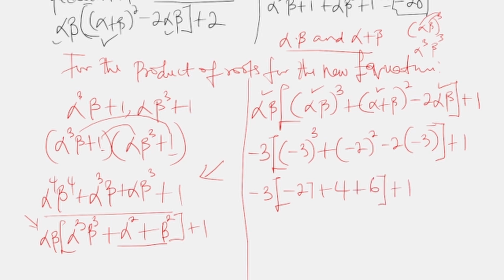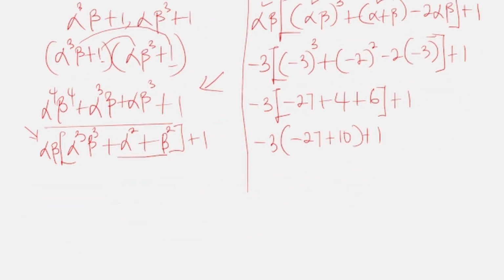The +1 is still outside. Now let's simplify what's inside this very bracket. Outside we have a -3, and inside the bracket, 4 plus 6 will give you 10. Negative 27 plus 10, and outside you have a plus 1. Now, negative 3. Inside the bracket, negative 27 plus 10 will give you negative 17. Okay. And then you have plus 1.